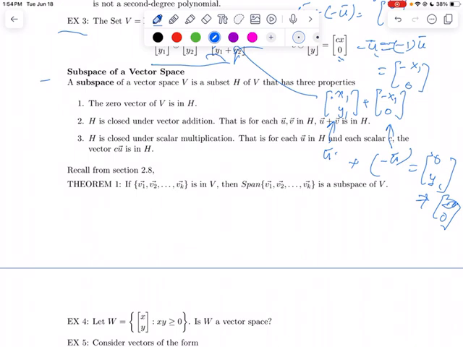Then that will be a subspace. If you recall in 2.8, I showed you that we did it with two vectors, which can be extended to any number of vectors.